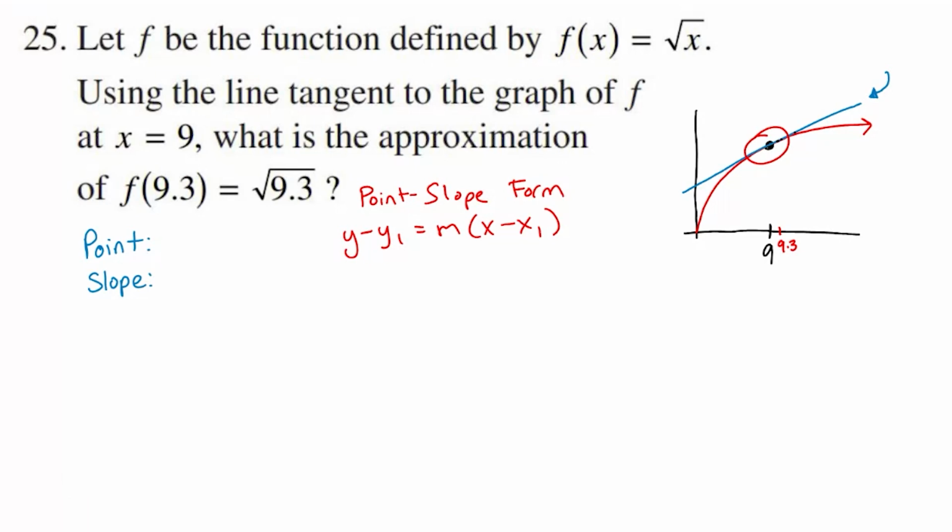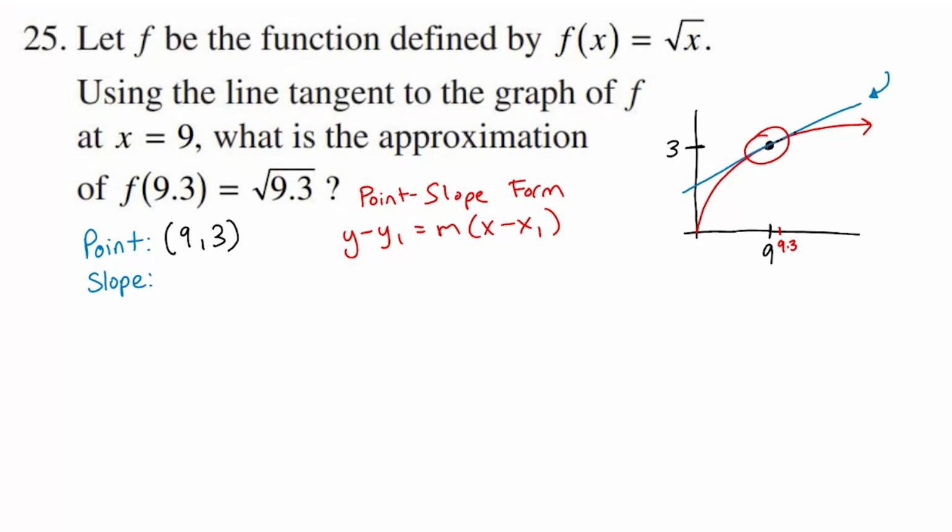Now the point should be pretty easy to find because it is the same as the point on the square root of x. And since we're interested in x equals 9, the square root of 9 is 3. So the y coordinate of that point is 3. The point that we're going to use in that point-slope form then is (9, 3).